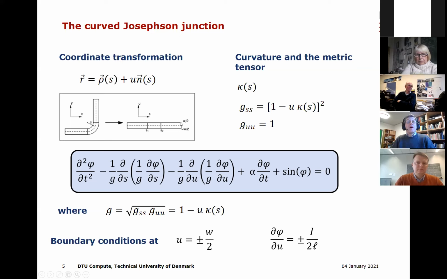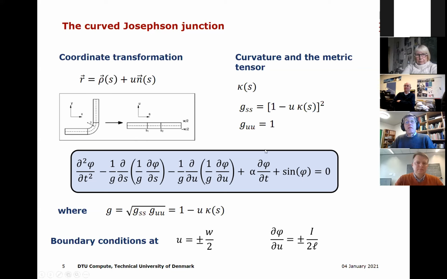So now we are looking at a straight strip instead of a curved strip. But in the curved region, the equation becomes modified by this variable transformation from r with coordinates x and y to the coordinates S and u.